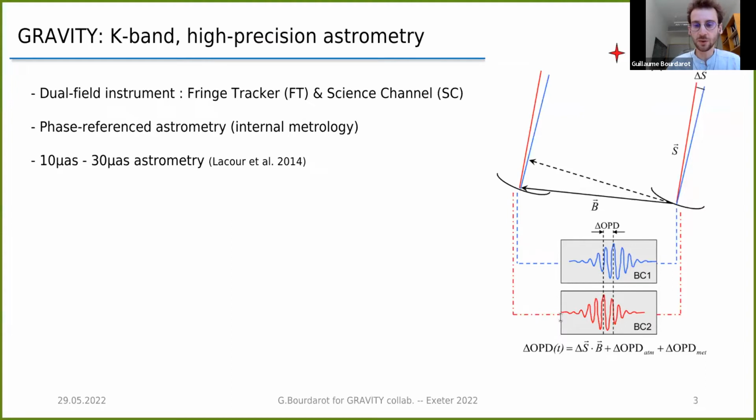So astrometry is important, and the astrometry in GRAVITY is made of different blocks. GRAVITY is a dual field instrument, which means that it combines two interferometers at once. One channel is a fringe tracker, which allows following the fringes, and one channel is a science channel on which we integrate the signal.